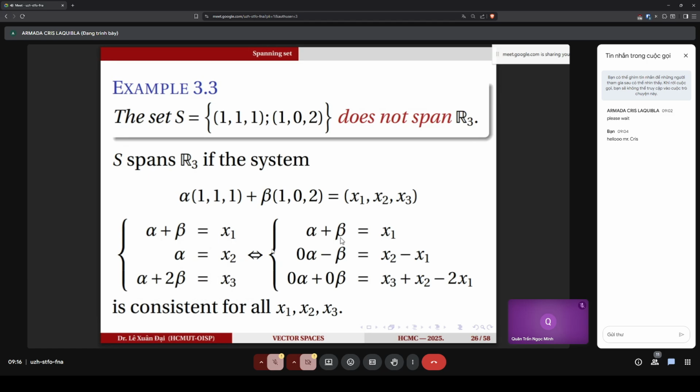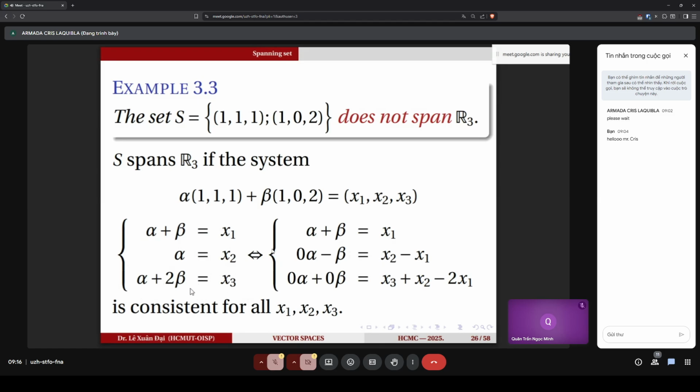Now, if you solve that, we have to make this 0, right? So we subtract: equation 1 minus equation 2, we have alpha minus alpha is 0 alpha, minus beta, and then x2 minus x1, and we have the second row.